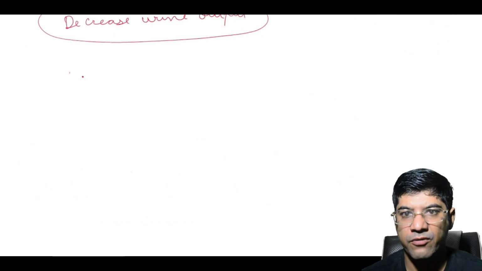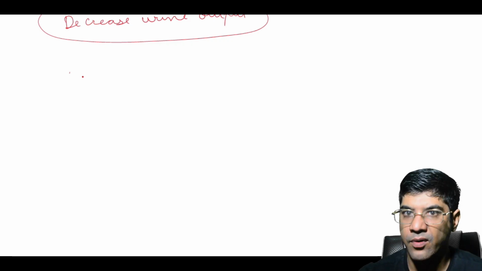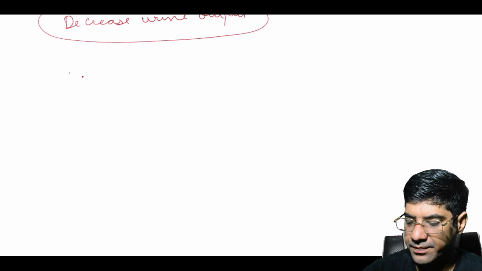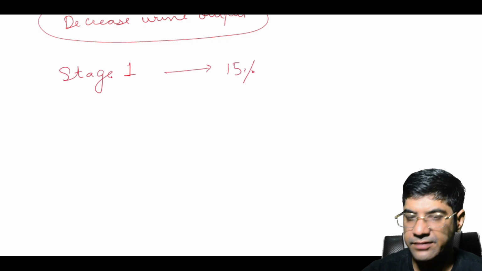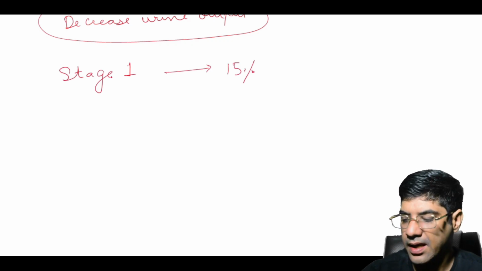Now, stages of hypovolemic shock, we classify them into four stages based on the percentage of the blood volume. Stage 1 is the mild shock, and up to 15% of the blood loss could be seen.